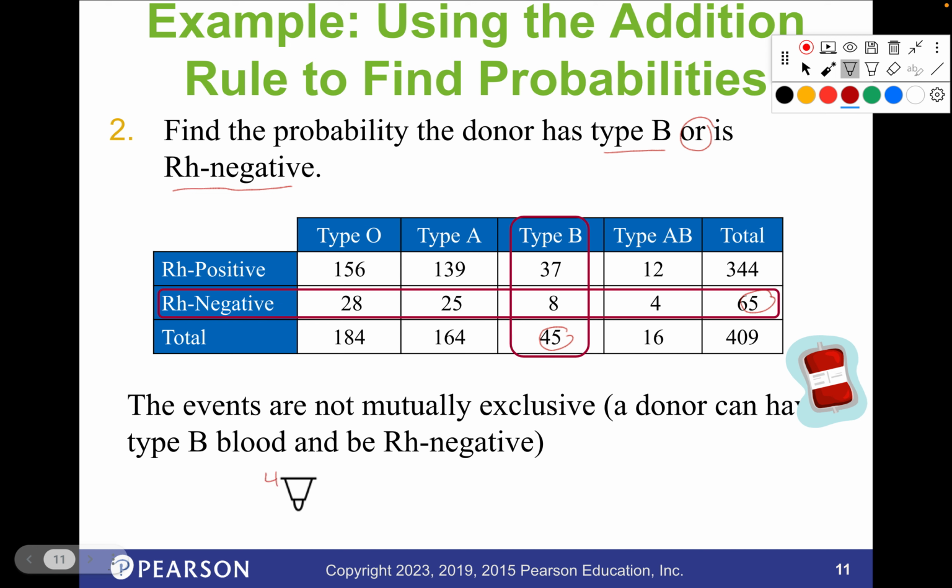So again, 45 out of 409, 65 out of 409, and then subtract off the 8 out of 409. And again, you're going to subtract off the 8 someplace, right? So you could have taken it off the 45 and then added the 65, but either way, that gives us 110 minus 8 is 102 out of 409.